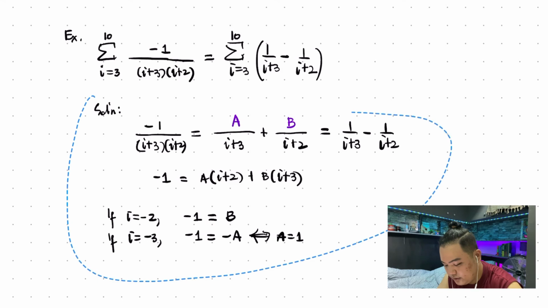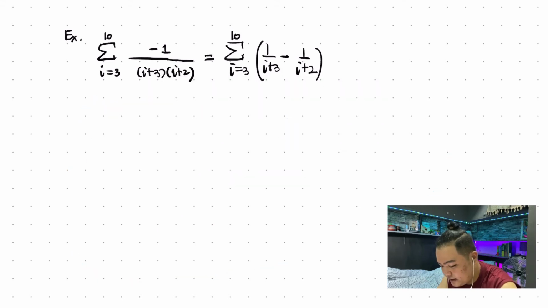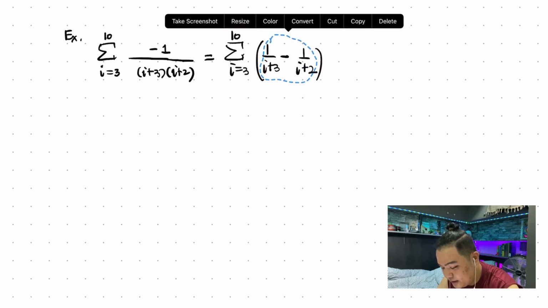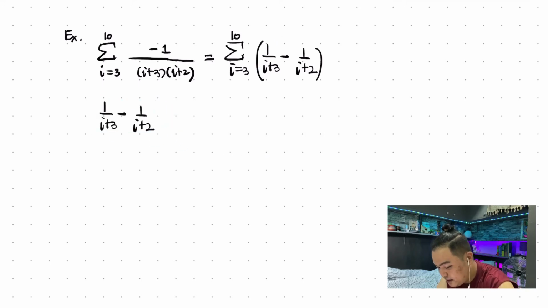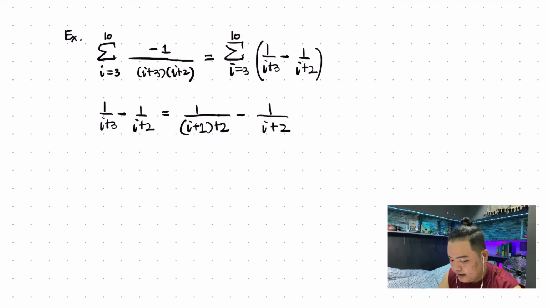So, burahin ko lang tong solution na to because I need space. Kopyahin ko lang to. So, ano mangyayari? Kopyahin natin. Para mas makita ninyo. Diba you can write this one as 1 over I plus 1 plus 2 minus 1 over I plus 2. Correct? Tapos pwede mong i-let na ang f of I mo ay 1 over I plus 2.